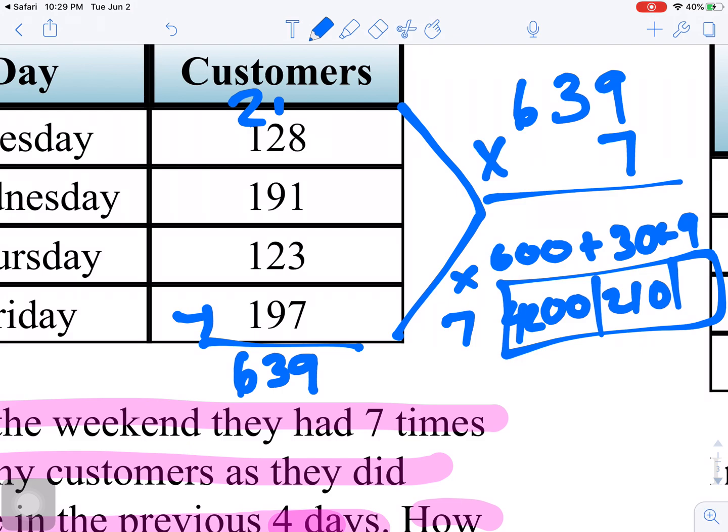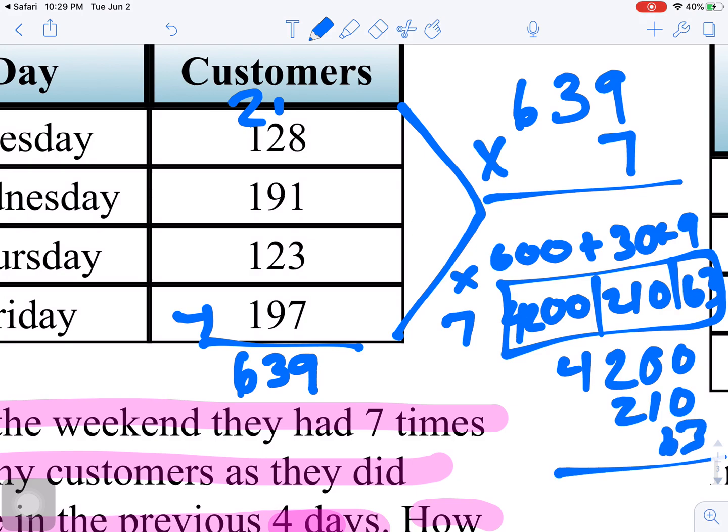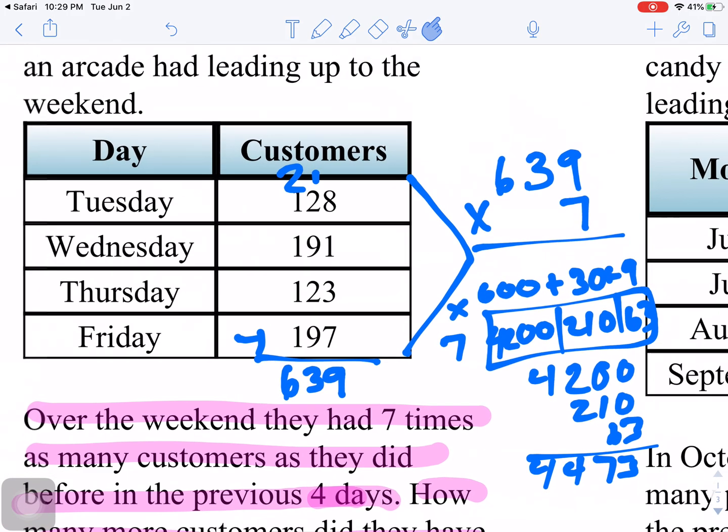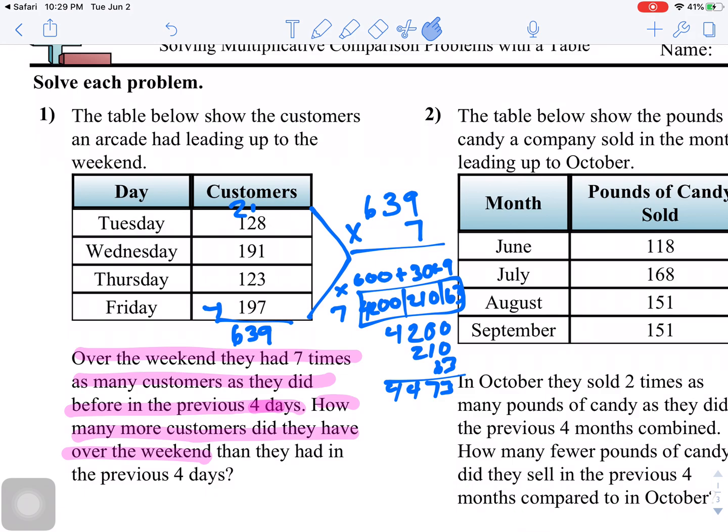And 7 times 9 is 63. So I'm going to add those up. That's 4,473. Now I want to know if that answers my question.